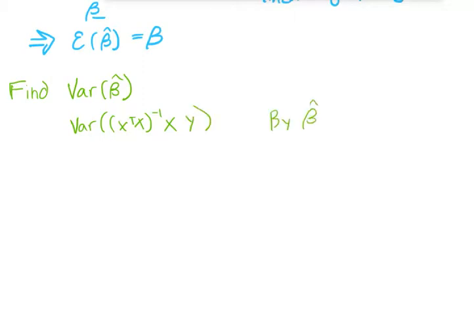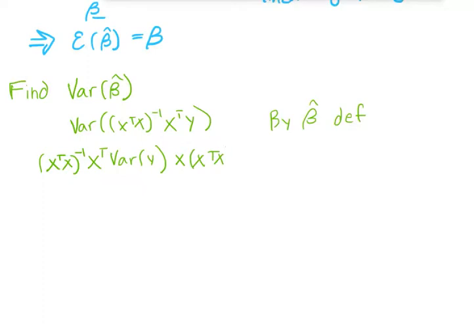By variance properties, we know the X's are observable and hence constant, and when we have the product of a constant term times a random variable, we take that constant term out and we square it. But since this is linear algebra and we have matrices, we actually have to follow some linear algebra rules. So we'll take our matrices out. We have the variance of y, and we transpose the other side, which rearranges terms a little bit. This is a transpose, this is a transpose.